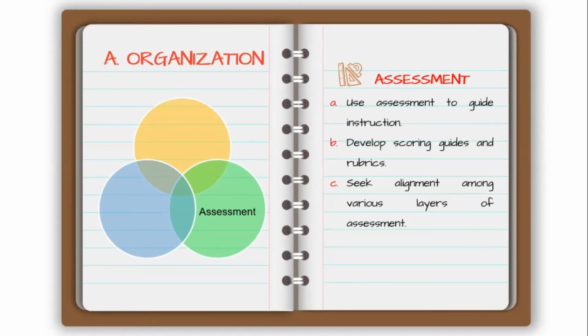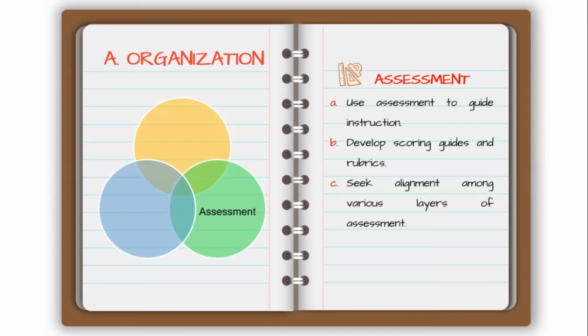The third factor in organizing a remedial program is assessment. Use assessment to guide instruction, develop scoring guides and rubrics, seek alignment among various layers of assessment. So for assessment, we have to evaluate.